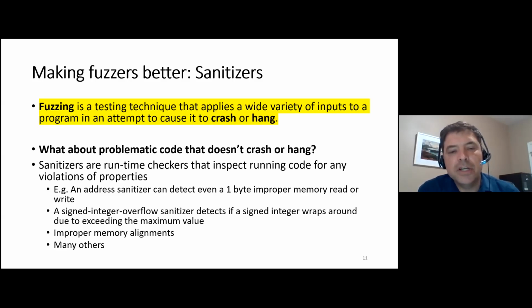But there is a technique called sanitizers, which will do runtime checking of the execution of your fuzz test cases. If there's even a 1 byte improper memory read or write, it would be flagged by the sanitizer, because it's checking every one of those accesses to see if it was done properly or improperly.